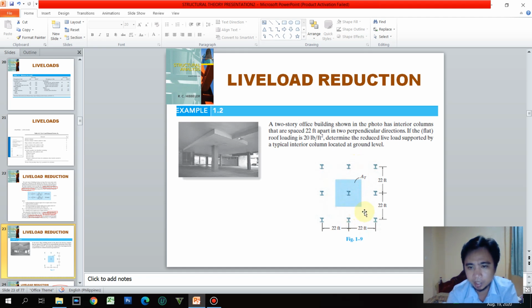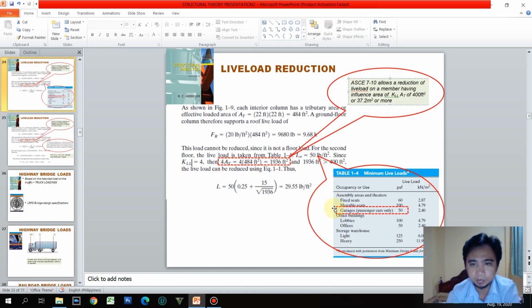Similarly here, 11 on this side and 11 on this side. Because of symmetry, it will yield 22 in both directions. So, as shown in the figure 1-9, each interior column has a tributary area of 22 by 22, or that is equivalent to 484 square feet.